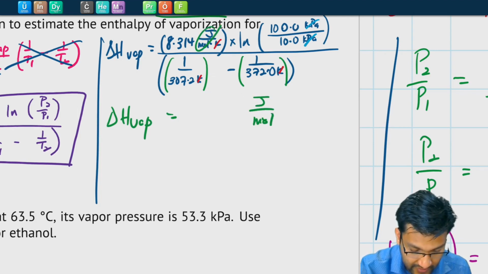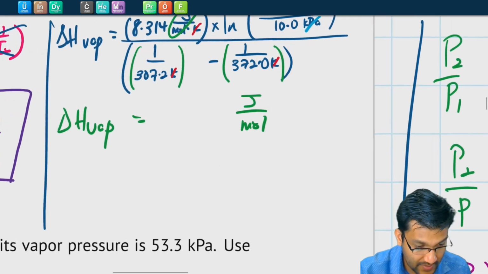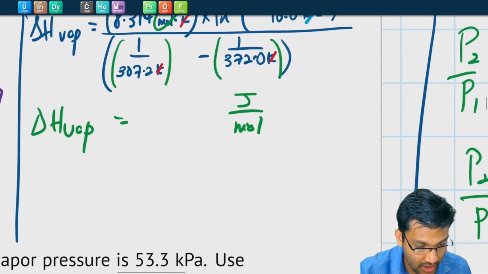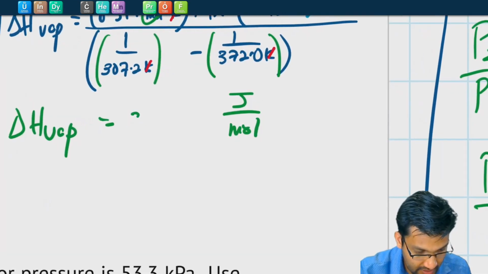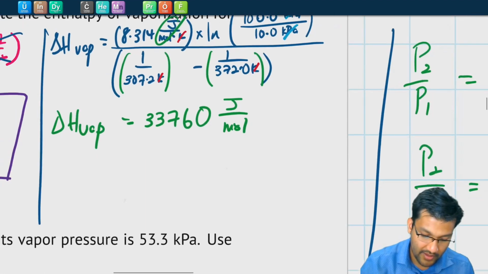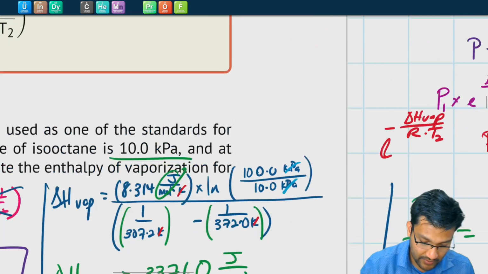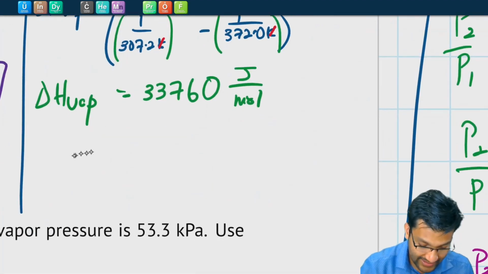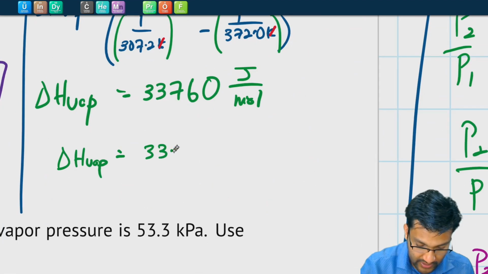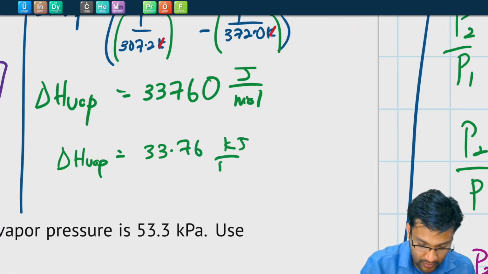That's what's left over there. Plug all of this in my calculator, and I got 33760 joules over moles. Now, enthalpy of vaporization, as I mentioned, usually is measured in kilojoules per mole. So it's just 33.76 kilojoules per mole.